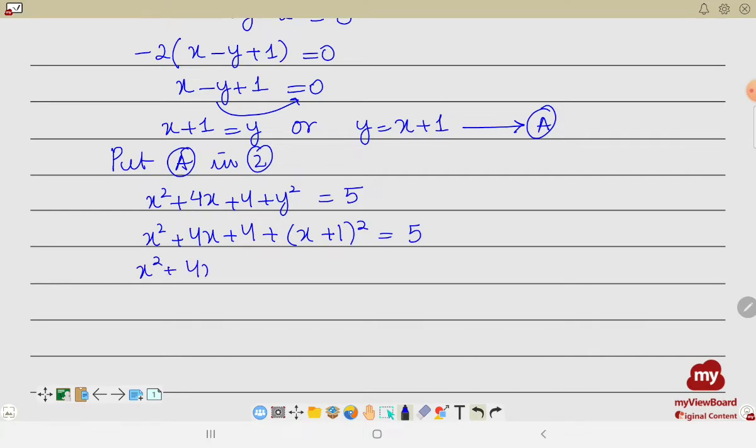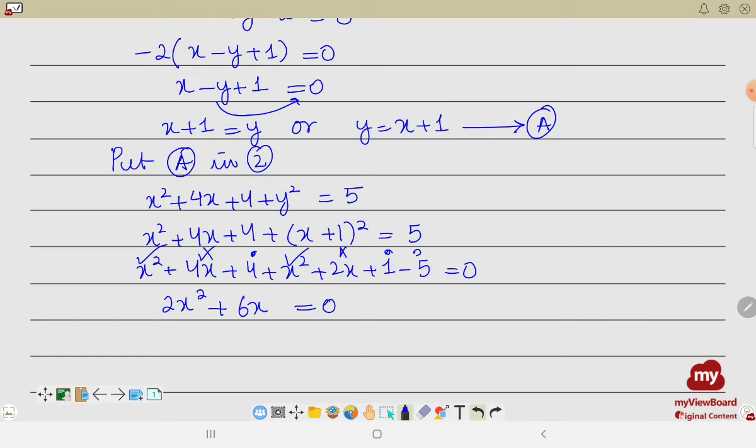We are going to simplify it. We'll open up the bracket and solve it. x square plus x square becomes 2x square, and then 4x plus 2x becomes plus 6x. 4 plus 1 is 5 and it gets cancelled by minus 5, so you are left with just this.